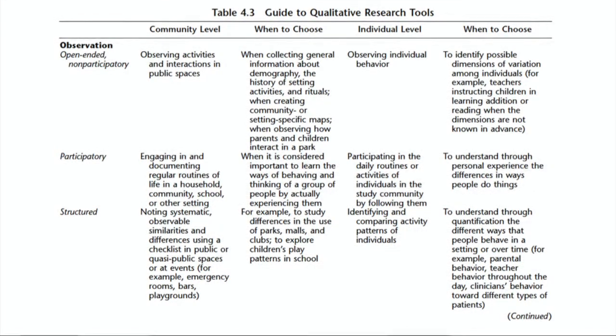When we do this on an individual level, we do this, for example, to understand through quantification the different ways that people behave in settings or over time. This complements both open-ended, non-participatory and participatory observation.